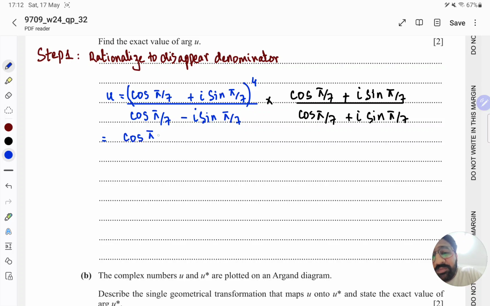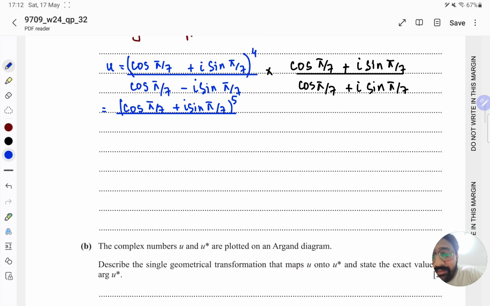So it will become cos pi by 7 plus i sin pi by 7 whole power of 5, divided by the denominator, where one is positive and the other is negative, so we can write it as cos square pi by 7 minus i square sin square pi by 7. After that we are going to simplify the denominator further. There is not going to be any further change so far in the numerator.